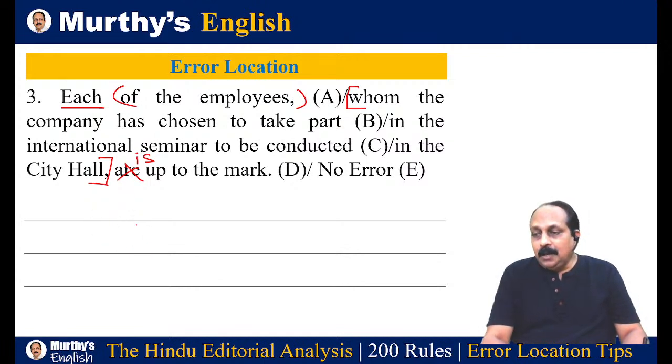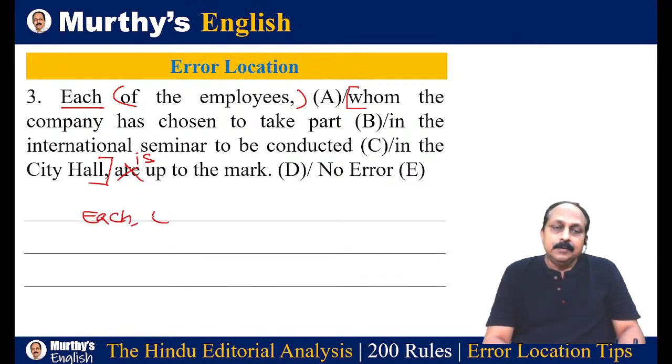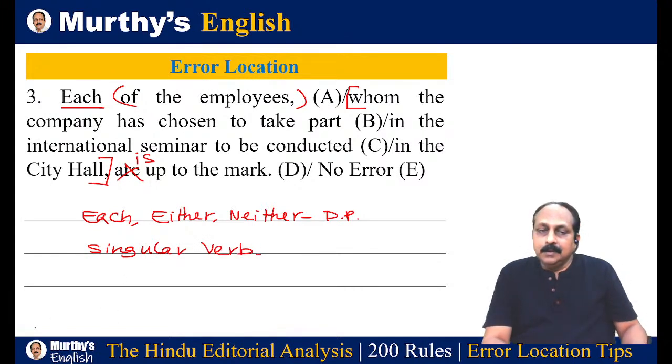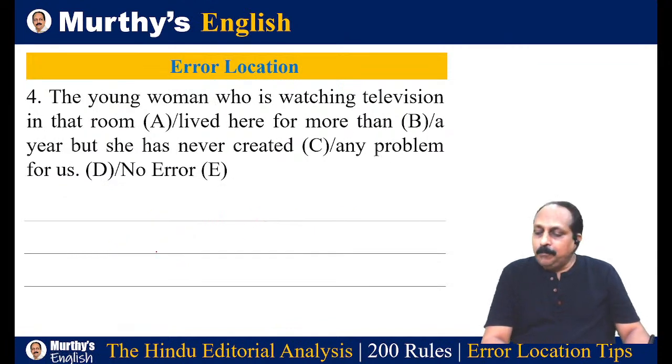Each employee is up to the mark. That is the error. And here you have to recollect the rule. Each, either, neither. These are distributive pronouns and they always take a singular verb. They take what? A singular verb. That's right.